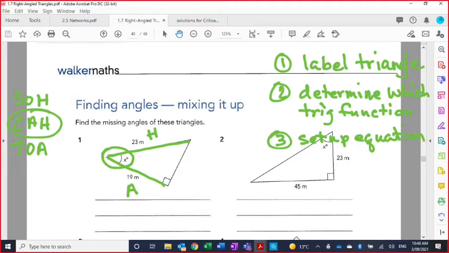Equation and function mean the same thing. So here we go. We know it's cosine, but this time we don't know the angle, so that's where our x is going to be. So the cosine of x is equal to adjacent over hypotenuse, so 19 over 23. There's our equation, or our trig function.